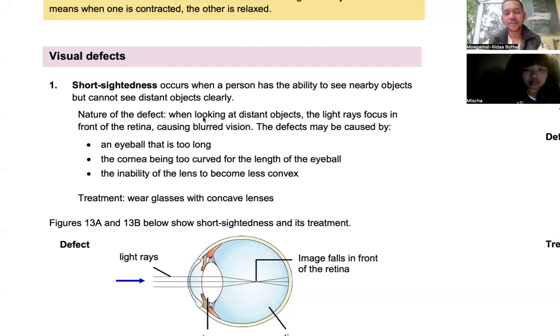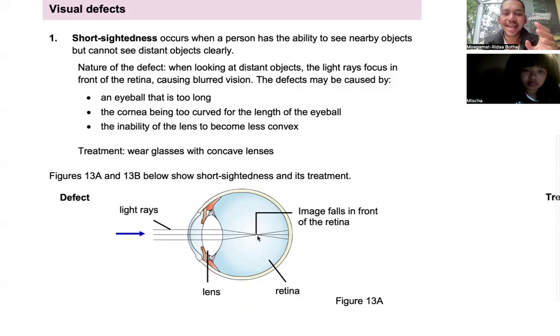The nature of the defect, and how they put the question in the exam, is that when looking at distant objects, there's blurry vision. Why? Because the light focuses in front of the retina. This is what you need to understand in this image.